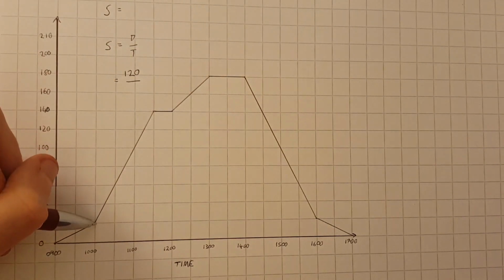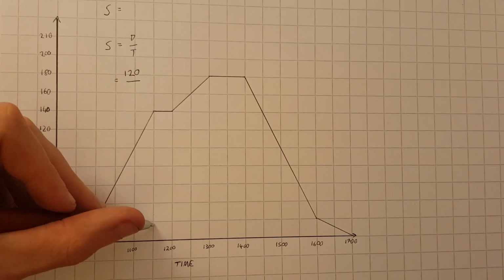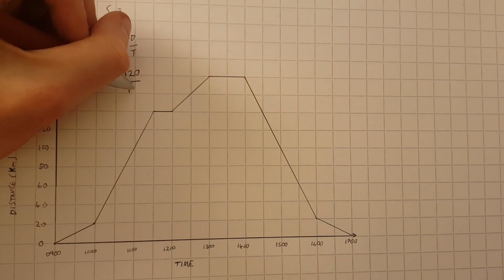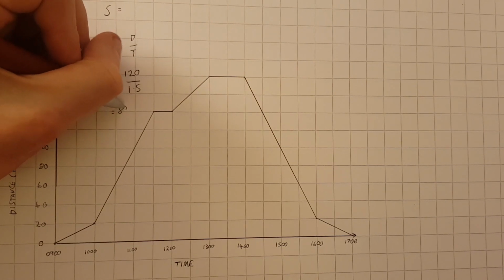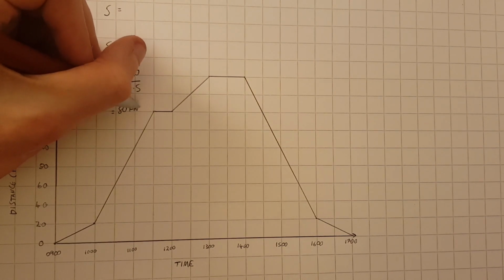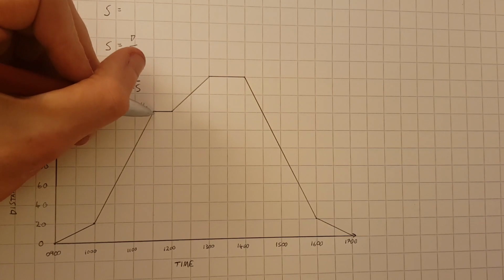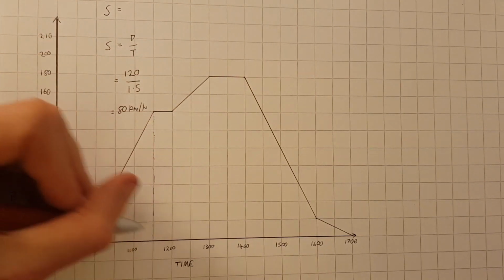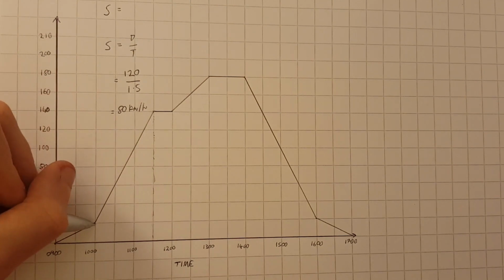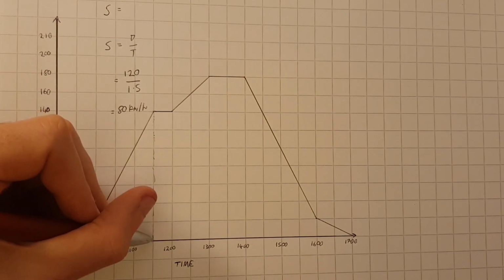The time is 1 hour and a half, so it's divided by 1.5. That gives us a speed of 80 kilometres per hour, going from 10 o'clock until 11:30.